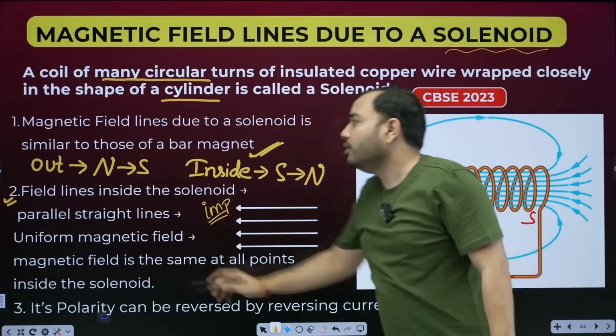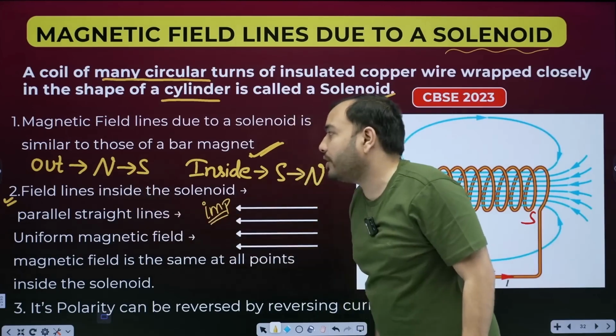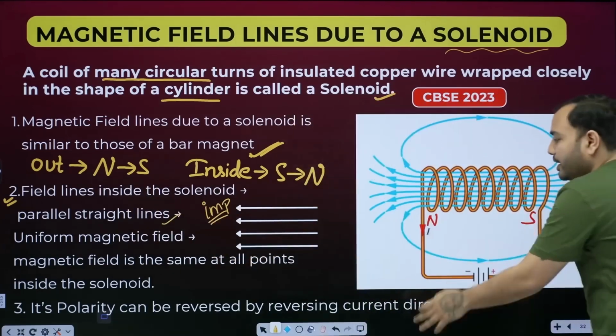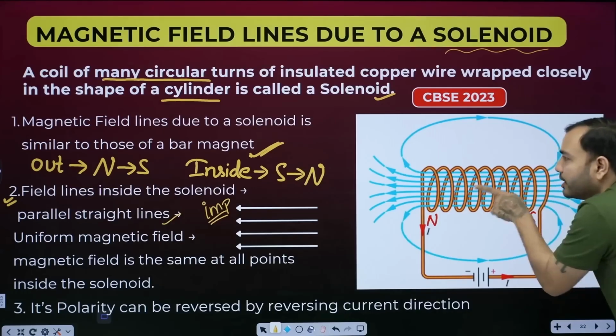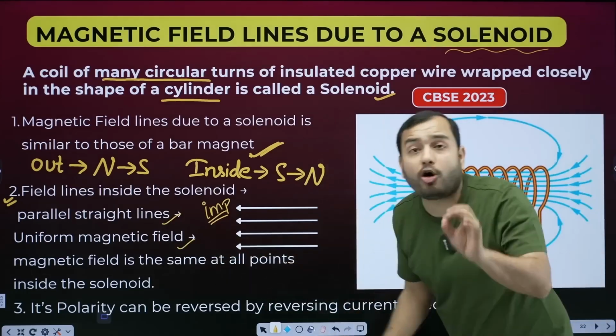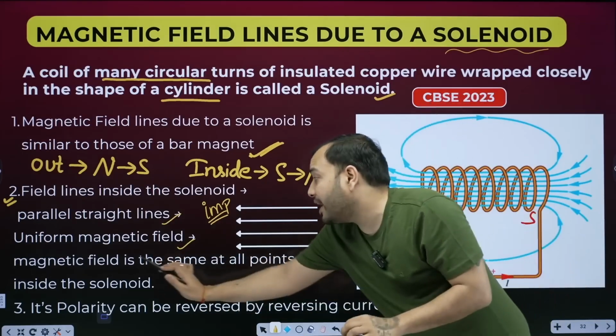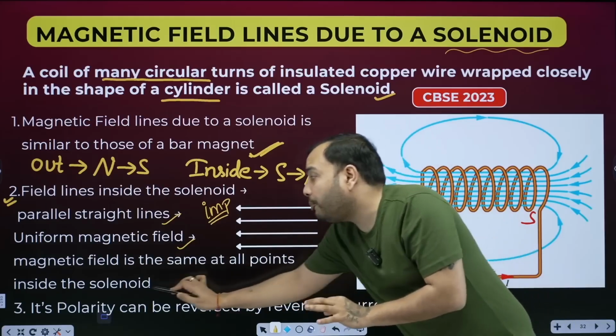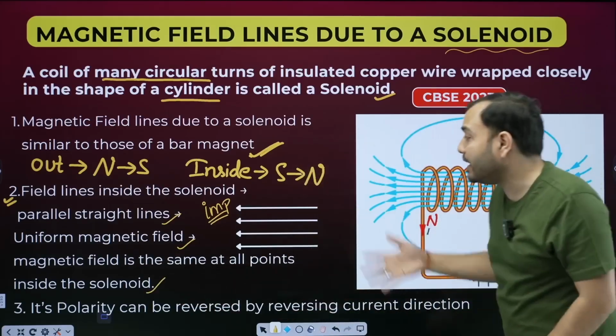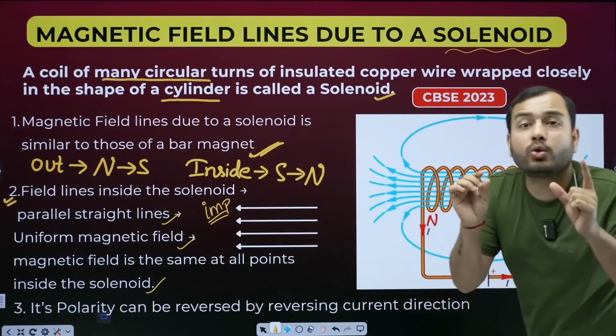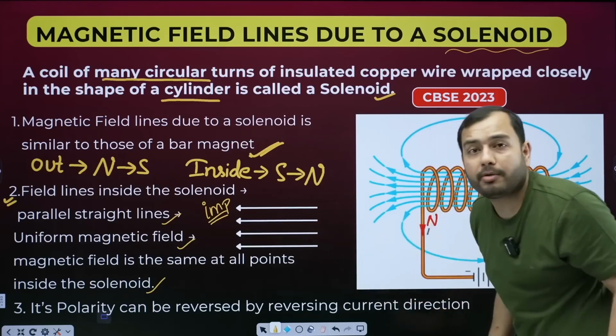Inside, not outside. Field lines inside the solenoid are parallel straight lines, equidistant. It means a uniform magnetic field. It means the magnetic field is the same at all points inside the solenoid.